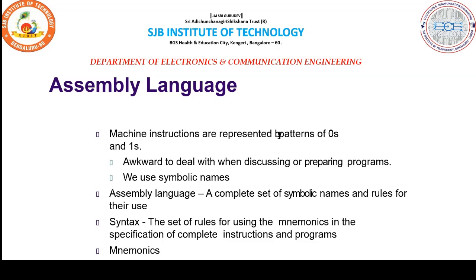When writing a program for a specific computer, these are normally replaced by acronyms called mnemonics, such as move, add, increment, and similarly. We use the notation R3 to refer to register 3, and LOC to refer to a memory location. The complete set of symbolic names and rules for their use constitute a programming language, generally referred to as assembly language.